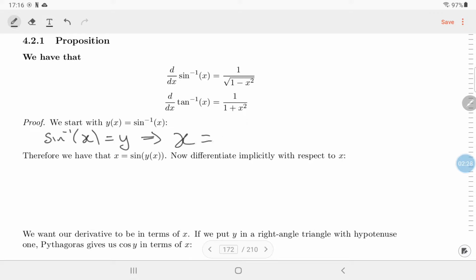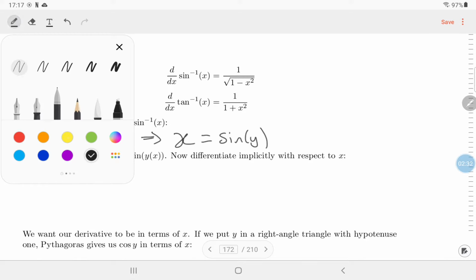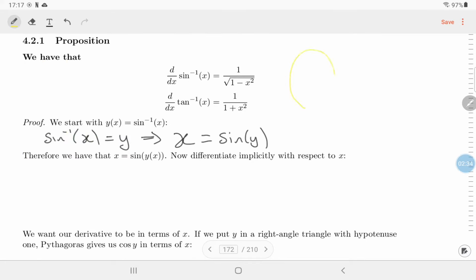So you get x is equal to sine of y. We can write a little bubble here: on one side you have angles, and on the other you have sines. You put in an angle, which I'm calling y, and then x is the sine of y.